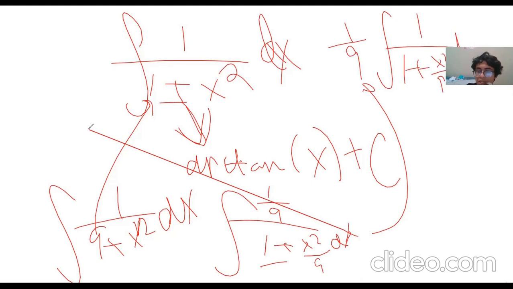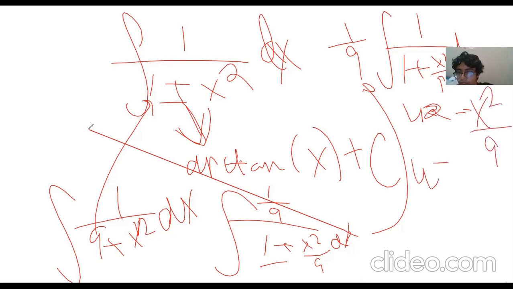But then we just have to say u squared is what needs to be there, right? That's the goal. It should be 1 over 1 plus u squared, or variable squared. And so let's just do the u sub in this way. That gives us x squared over 9 is u squared. And then you say u equals x over 3.